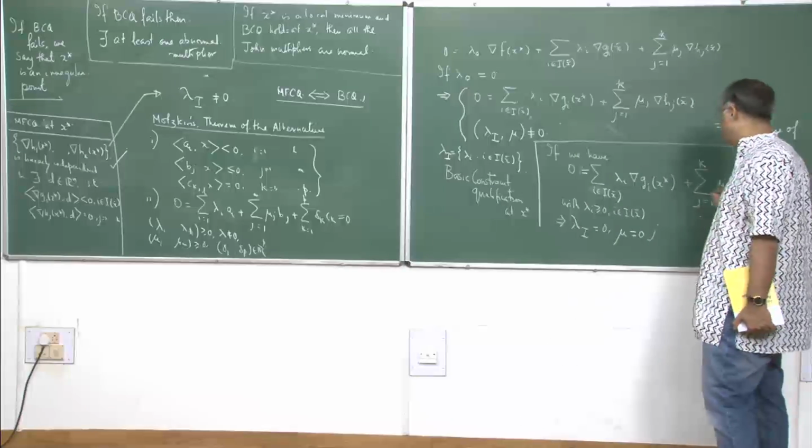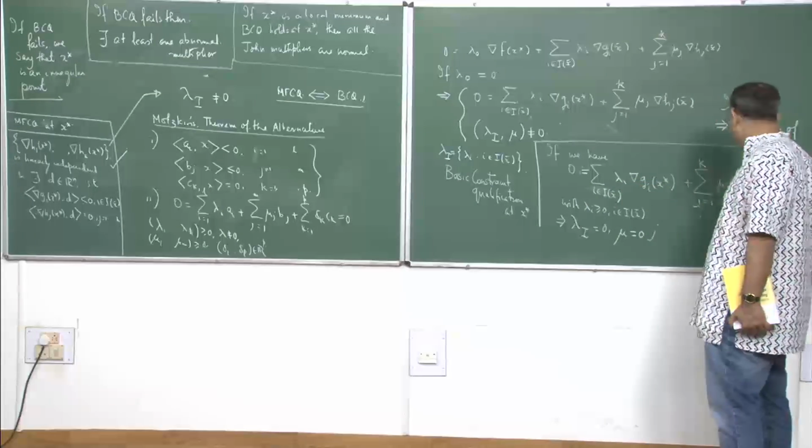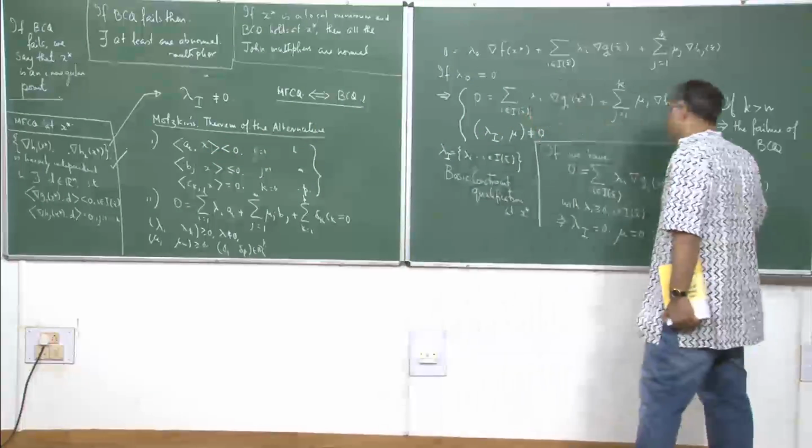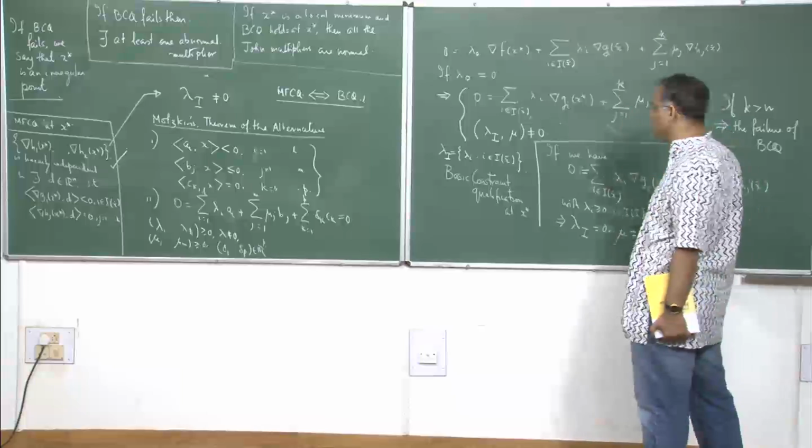And if BCQ holds, it is immediate that this grad Hj would be linearly independent, because if they are not linearly independent, I told you what can happen, then I can show that the BCQ has failed.